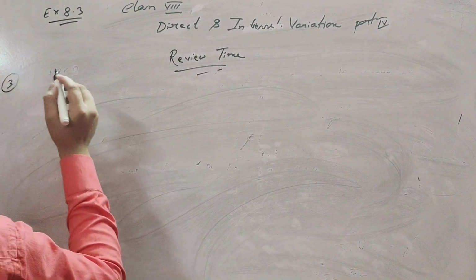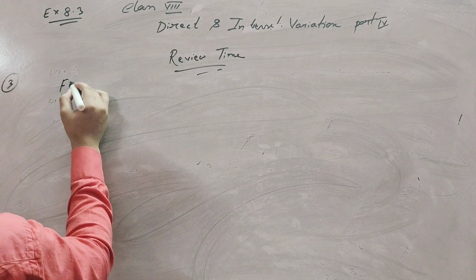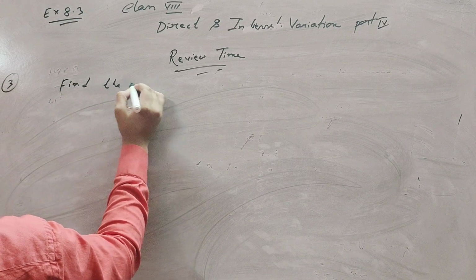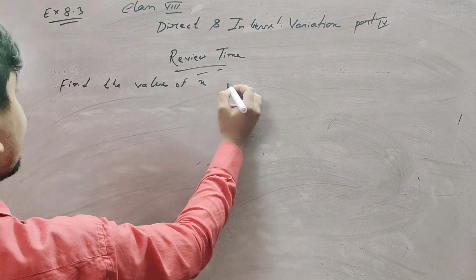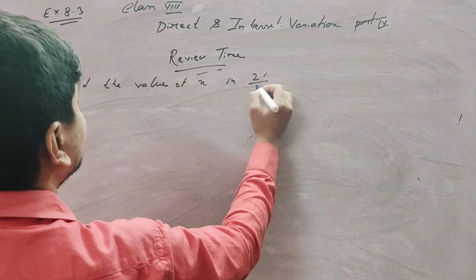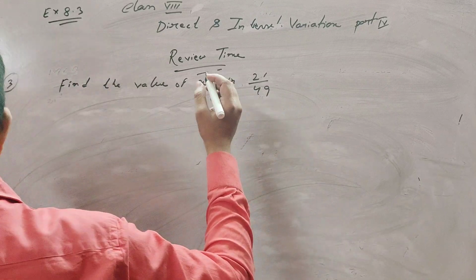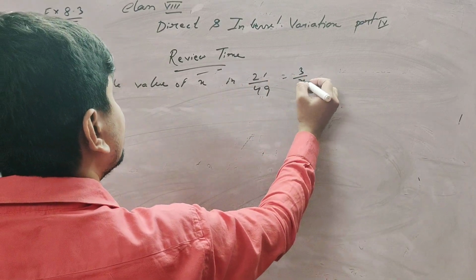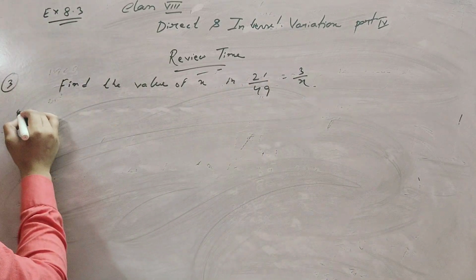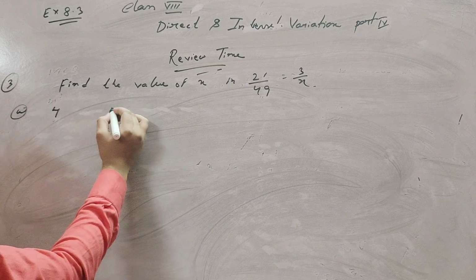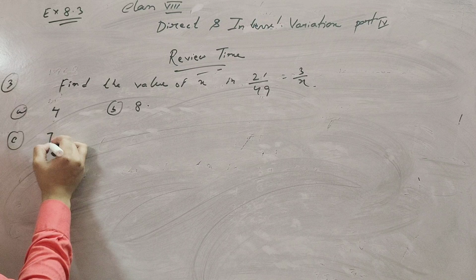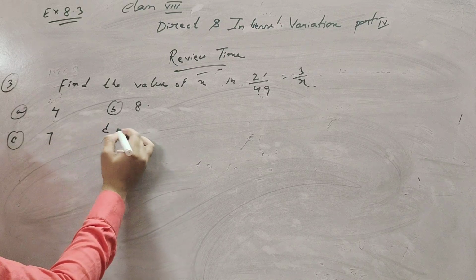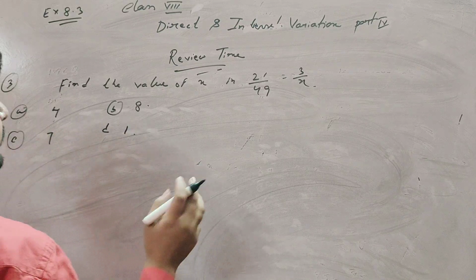Question number 3. Find the value of x in 21 by 49 equals 3 upon x. Options given: A 4, B 8, C 7, and D 1.